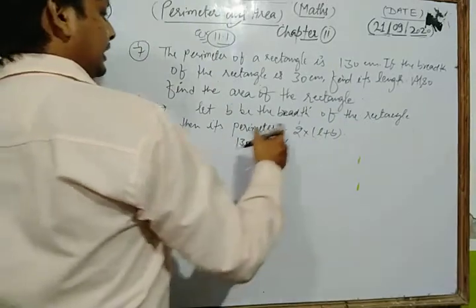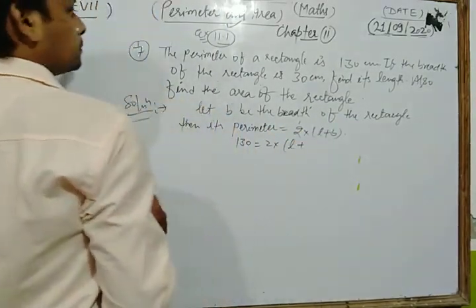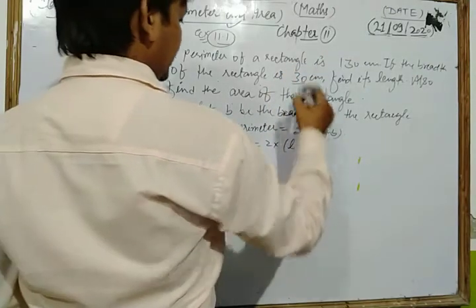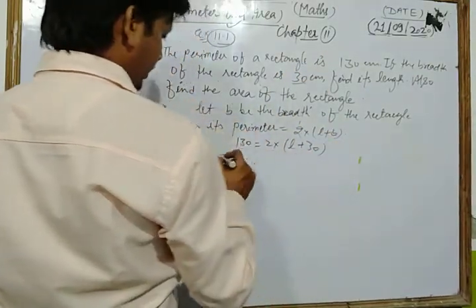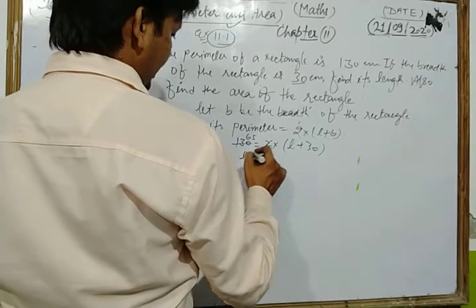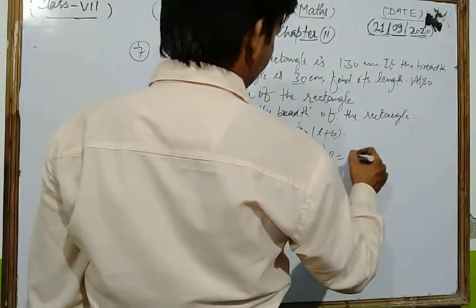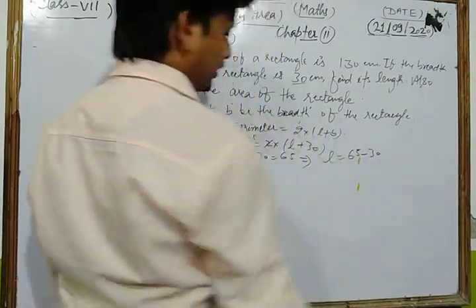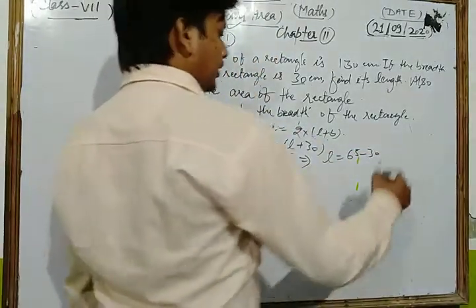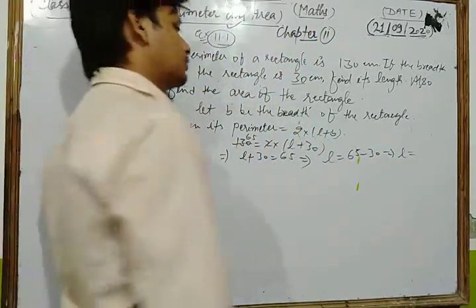Okay, now let's see here, 2 into length is fine, plus breadth; if the breadth of the rectangle is 30, we put here 30. Now we solve it: 2 6 12, 65. So L plus 30 is equal to 65. So we get L is equal to 65 minus 30. In this way, we get the length of the rectangle as 65 minus 30.